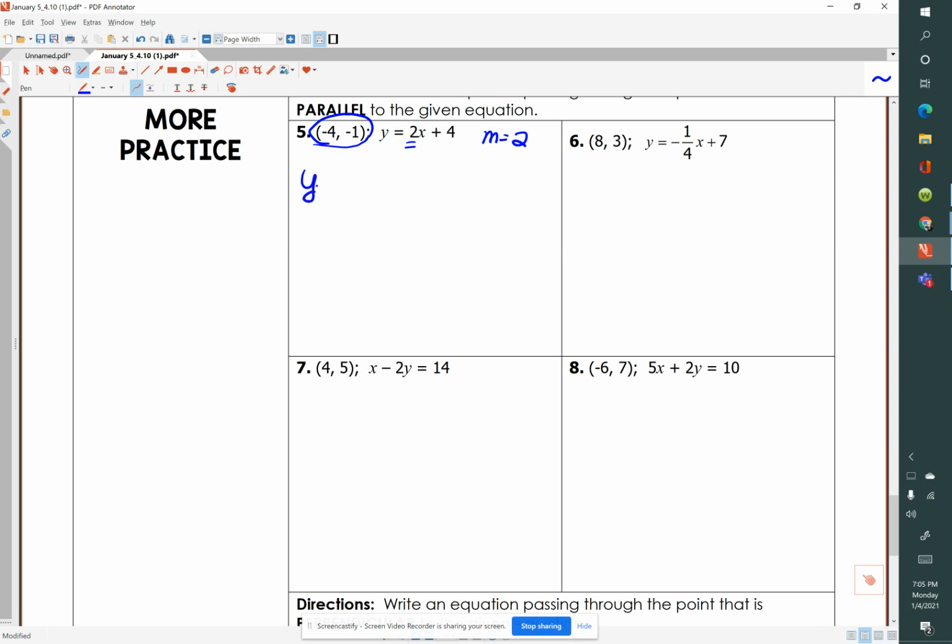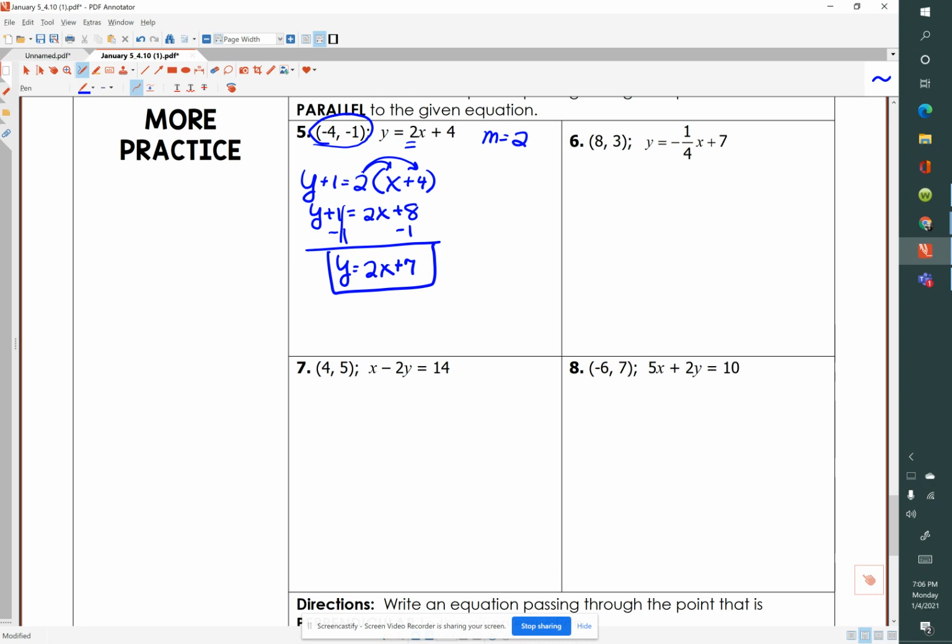So y minus -1 is y plus 1 equals 2 times the quantity of x minus -4 is plus 4. Now I distribute. Y plus 1 equals 2x plus 8. I subtract 1 from each side of the equation, and y equals 2x plus 7.